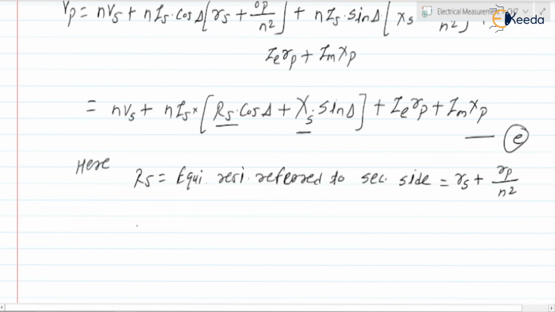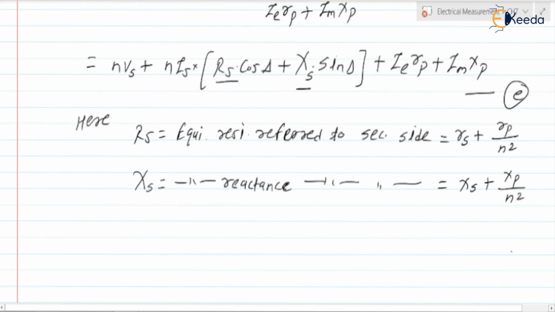Similarly, Xs is also the equivalent reactance of transformer referred to secondary side, which is equal to Xs plus Xp by n square.